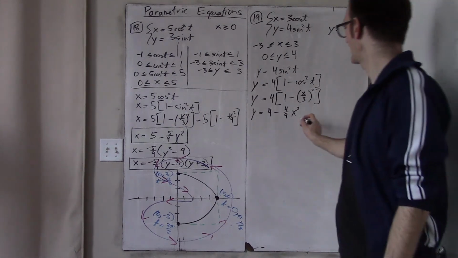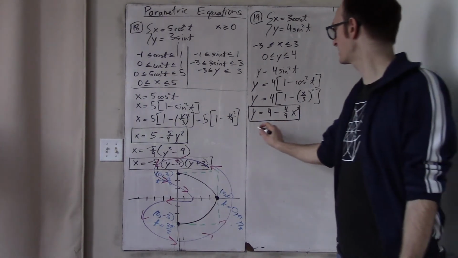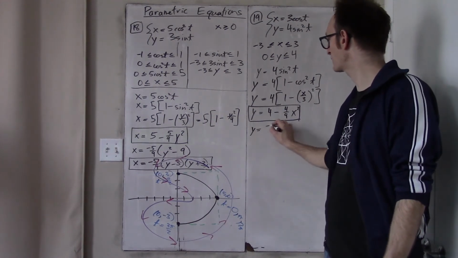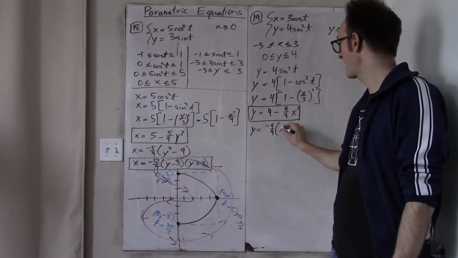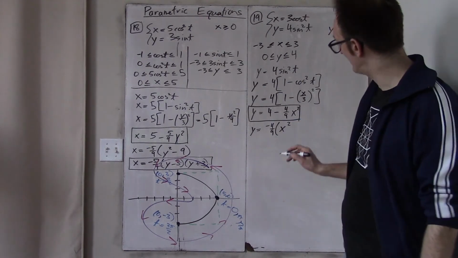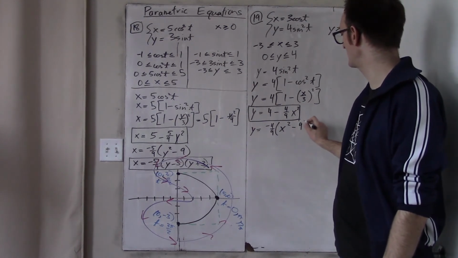And you could leave it like that. I'll put a box around this. Or you could take the additional step of factoring out this negative 4/9, leaving us with x squared minus 9.